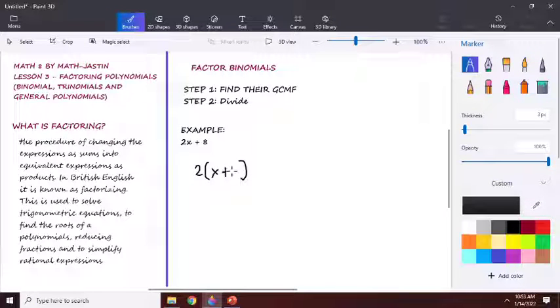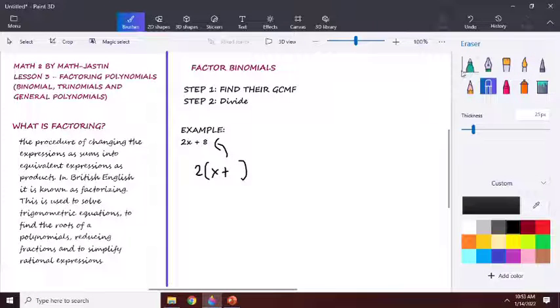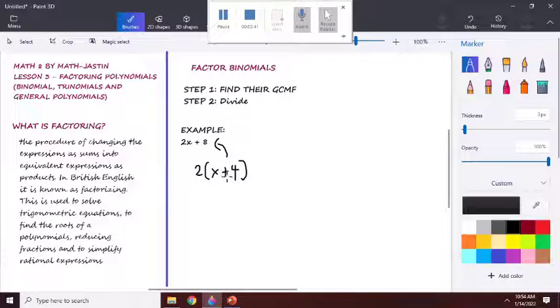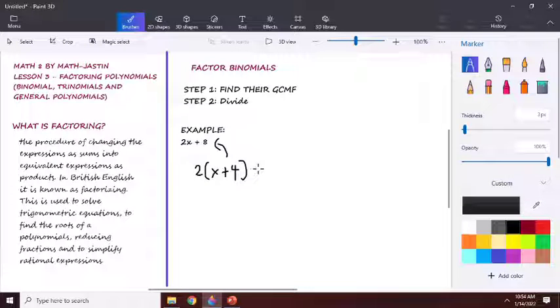This is the factored form. Let us check if our factors are correct. Using the distributive property, 2 times x is 2x, and 2 times 4 is positive 8. So our answer is correct.